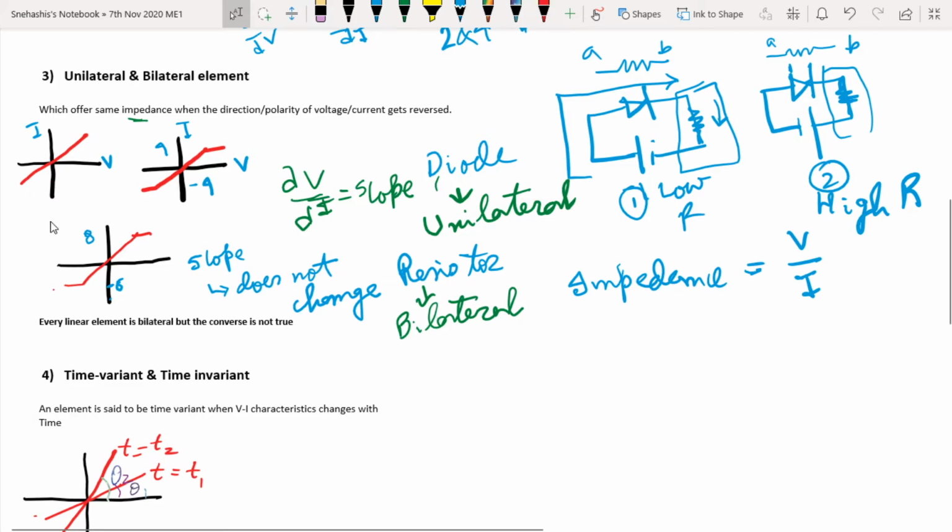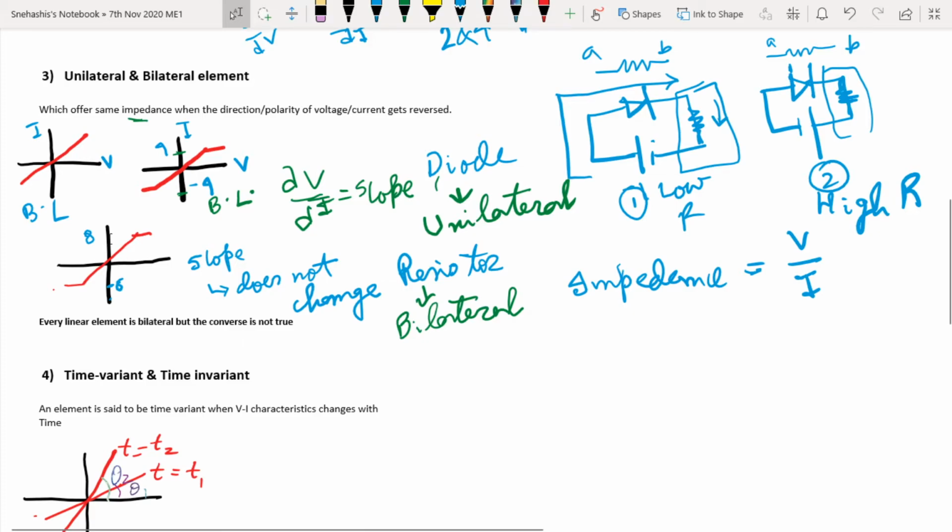So here in diagram number 1, you can see that the slope is the same throughout, so it is a bilateral device. On the other side, in diagram number 2, apparently it is +4, so this is -4. In both the coordinates the nature of the curve is the same, so it is also bilateral. It may be linear or non-linear, that does not matter for the definition, but it is a bilateral device.